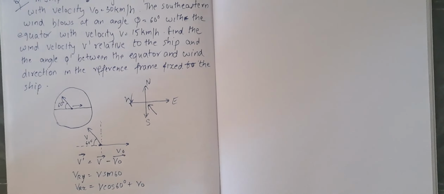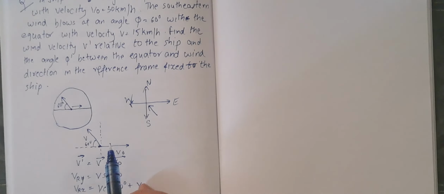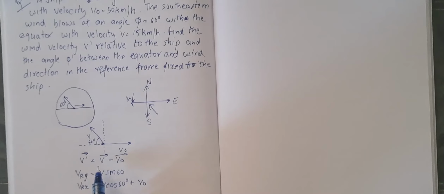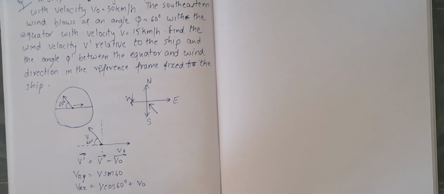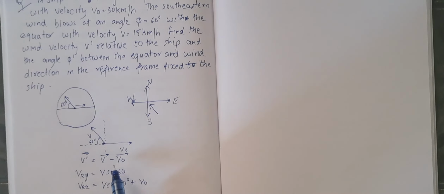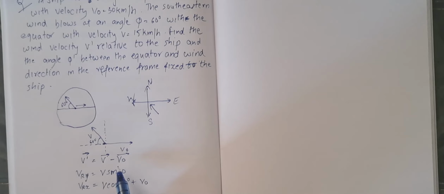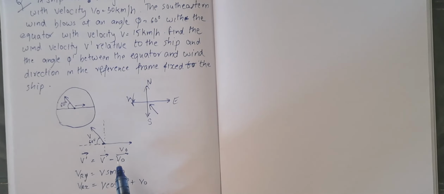Now this plus is very important here, because you are doing a minus of these two vectors. Had it been an addition of the vectors, things would have been different, right? If we were doing V vector plus V naught vector, it would have been different, but we are doing V minus V naught.